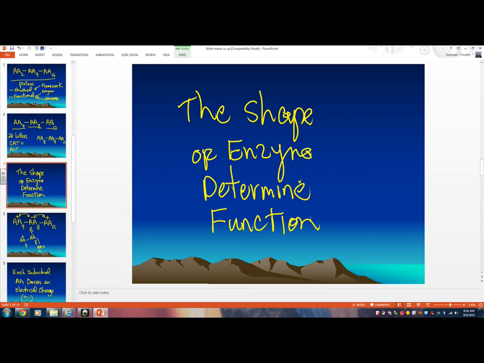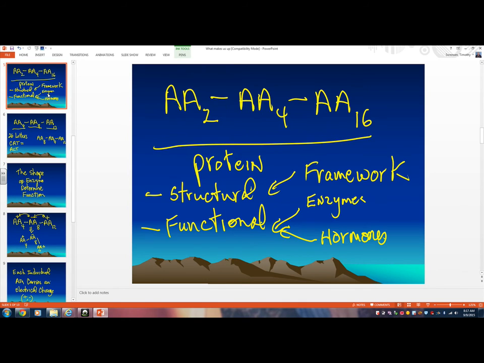So if you alter the shape of an enzyme, you will alter its ability to perform chemical reactions. And sad as this may sound, all we are as human beings is a ton of chemical reactions. And what causes all those chemical reactions to happen faster in your body? Yup, you got it. Enzymes.